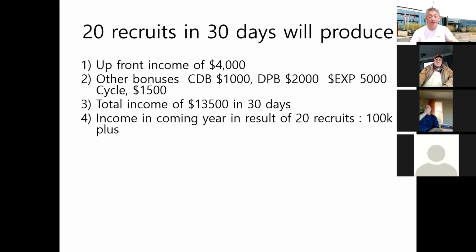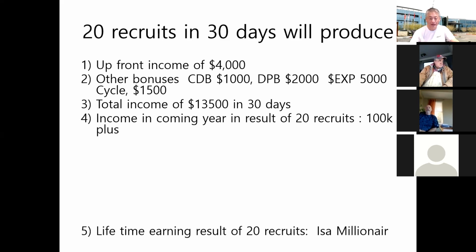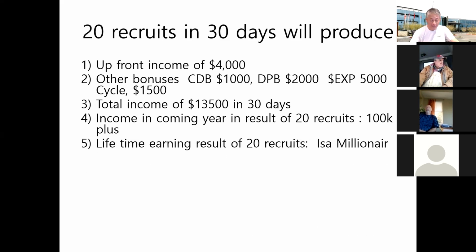And then income in the coming year. So if you started in January 2019, you'll be expecting to get 100,000 plus in your yearly income. And then your lifetime earning would be Isa millionaire.